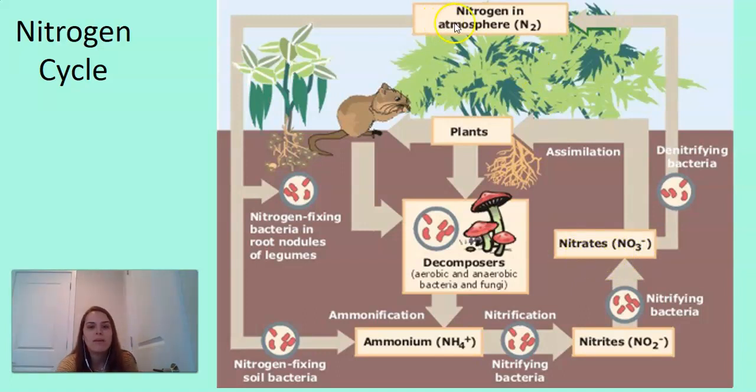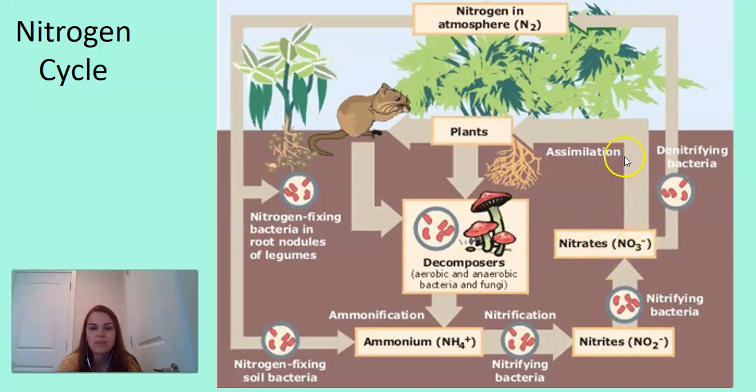So you go from nitrogen gas, N2, to the nitrogen-fixing bacteria, which turns it into ammonium. All right, so we're just going around in a circle here in our cycle. The ammonium gets fixed through nitrifying bacteria and it gets turned into nitrites. And then it gets further turned into nitrates. And that is what's usable for plants.